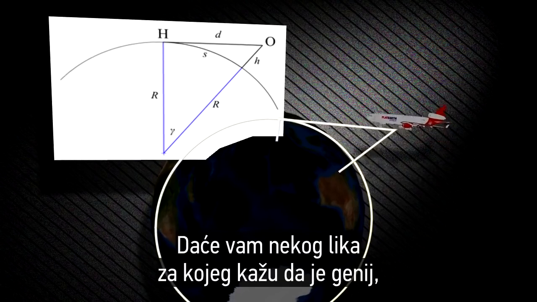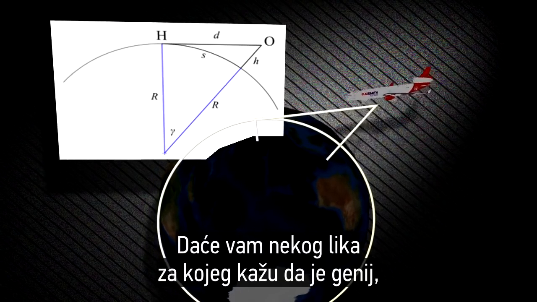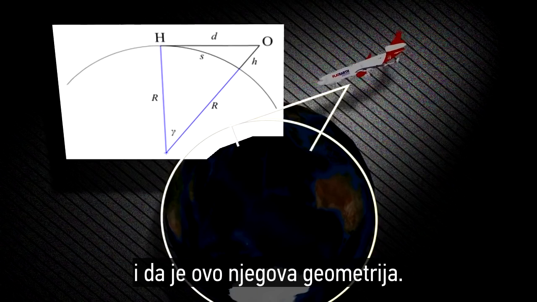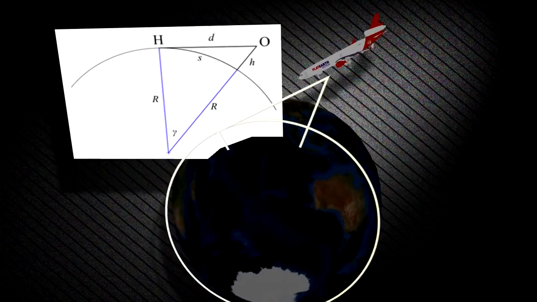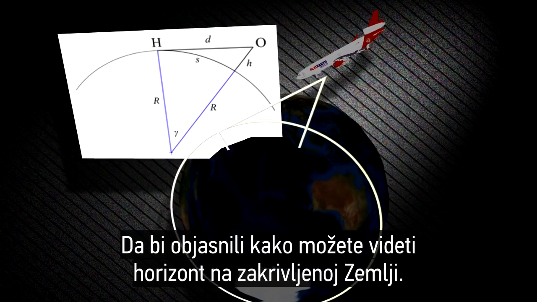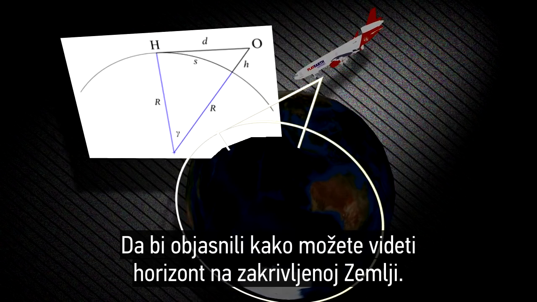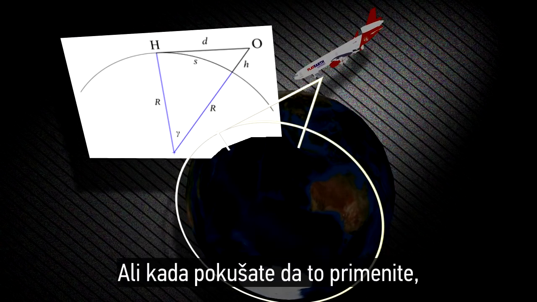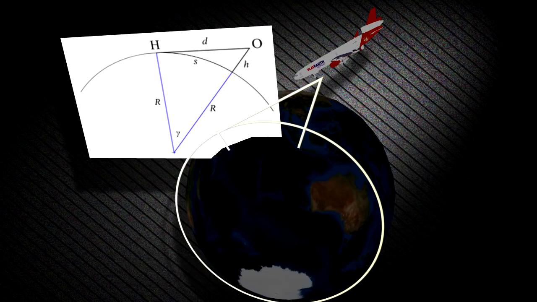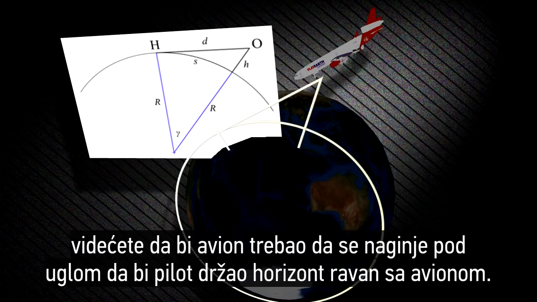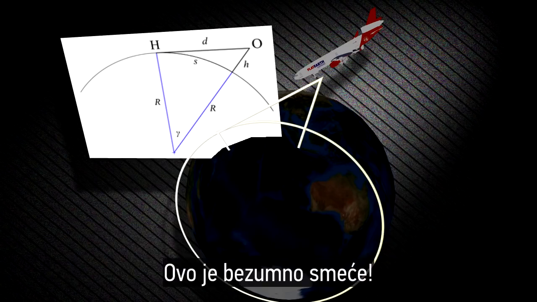They'll give you a guy who they say is a genius, and this is his geometry to explain how you can see the horizon on a curve of the earth. But when you apply it, you'll see that the plane would have to travel at an angle for the pilot to keep the horizon level with his plane. This is mindless garbage.